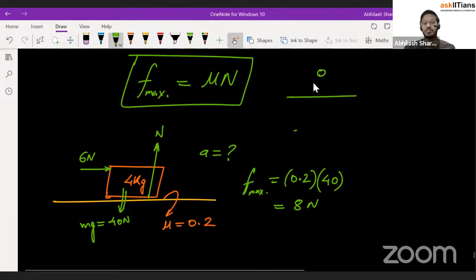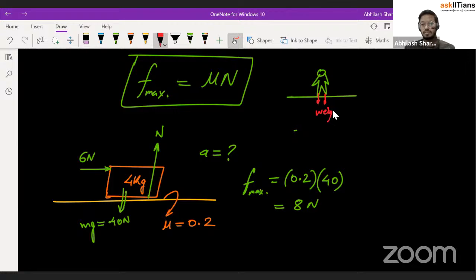When you stand on the floor, you're pushing the floor with your feet with a force equal to your weight. And so the floor has to apply an equal force on you, normal reaction, which would come out equal to your weight. This normal will be equal to your weight.